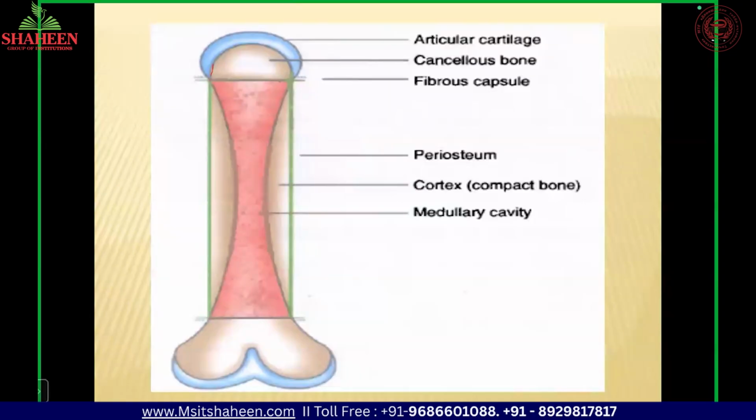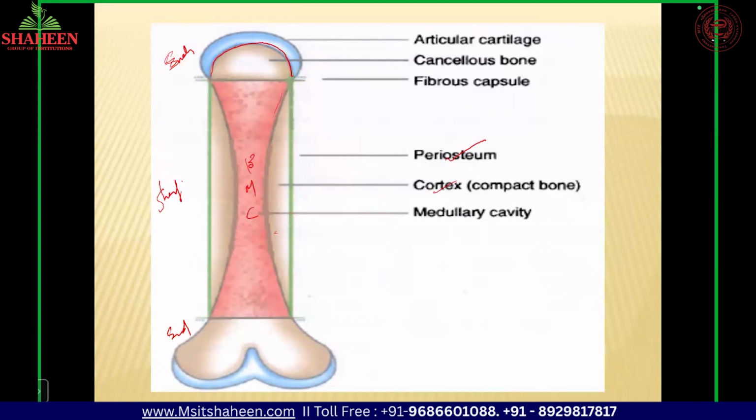The tip will be the cancellous or spongy bone, and here you get the compact bone. There are two ends with the shaft, and outermost it is lined by the periosteum. We have a cortex inside, and there will be a bone marrow cavity.